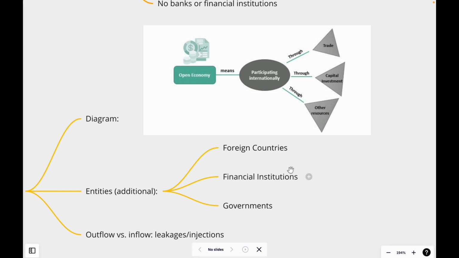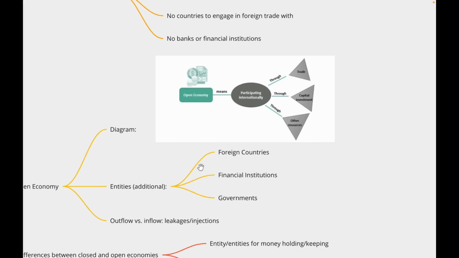These 3 additional entities will also play an extremely important role in the economy. So this model implies that some income will leave the economy, which will reduce the circulating flow, and some income will enter, increasing the circulating flow. So it is more complicated, and it considers more factors.